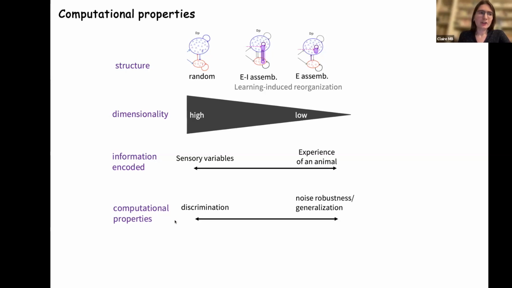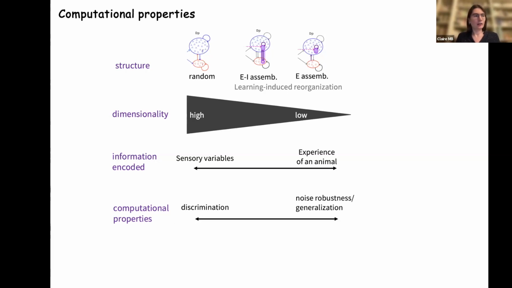And higher dimensionality is thought to be best suited for discriminating different sensory inputs, because each point in state space can be well separated from the other points in state space. So in some sense, we can think of networks with EI assemblies as providing a kind of trade-off between generalization and discrimination.